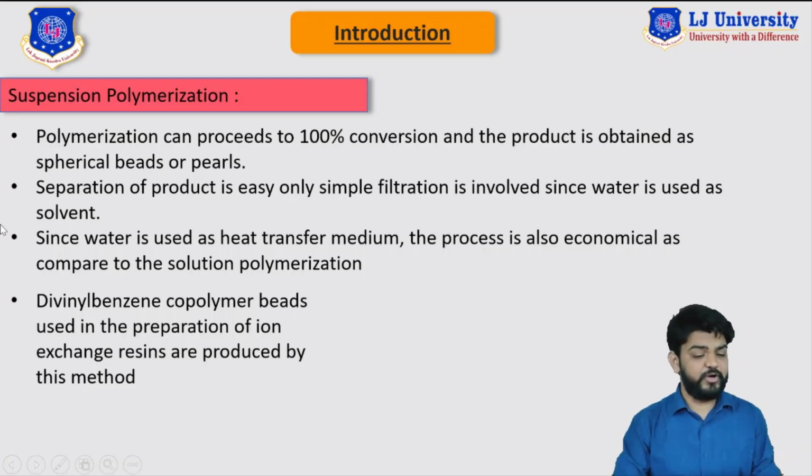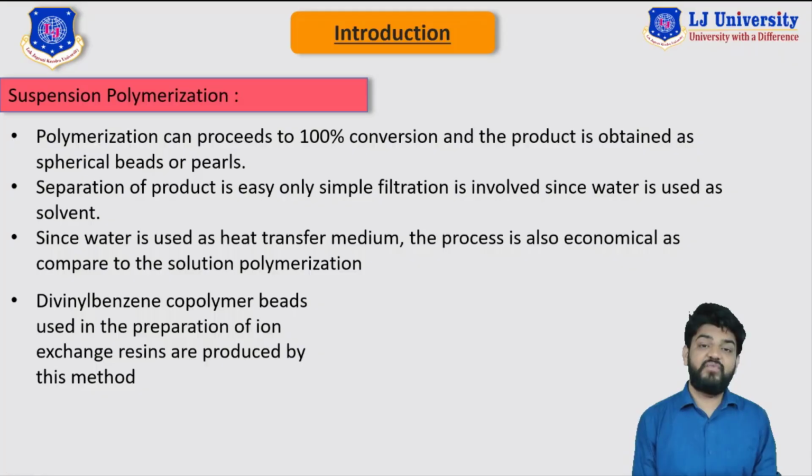Moving to the next point, since water is used as the heat transfer medium, the process is also very much economical as compared to the solution polymerization. In the solution polymerization, we need to take a solvent which is capable of dissolving our monomer and initiator as well.